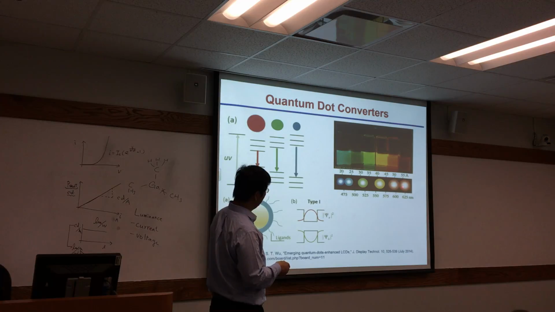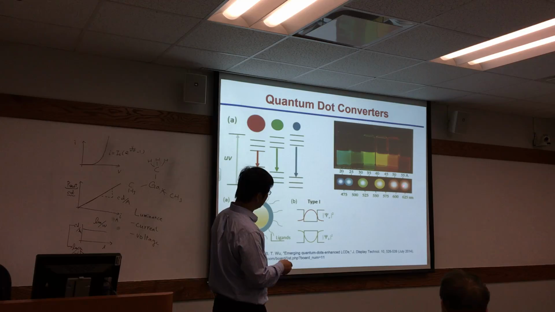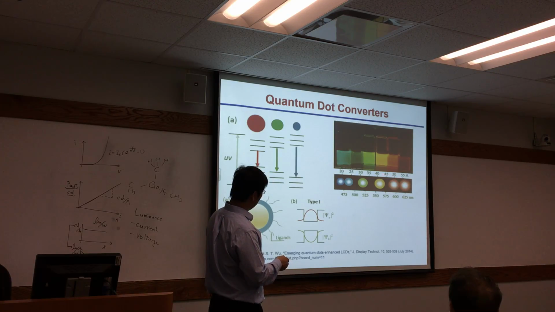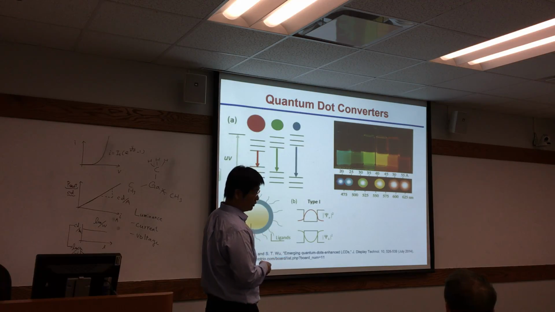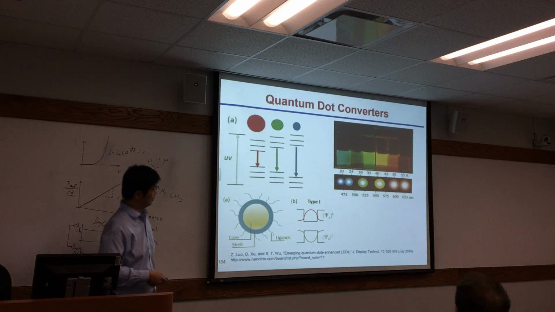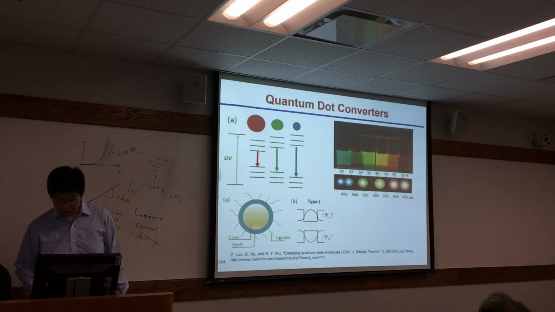Which means if we have the larger size, for example, the diameter is about 55 angstrom or 5.5 nanometer, then we can have the red one. And if we shrink the size, then we can have the yellow, green, or even blue. Okay, so that is the quantum dot material converter.